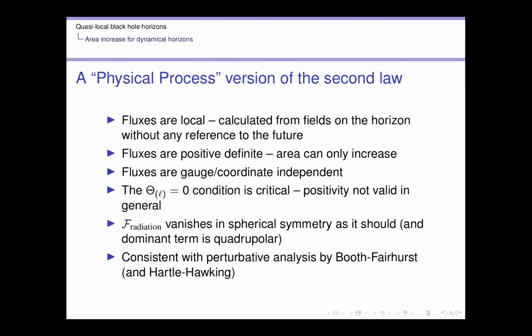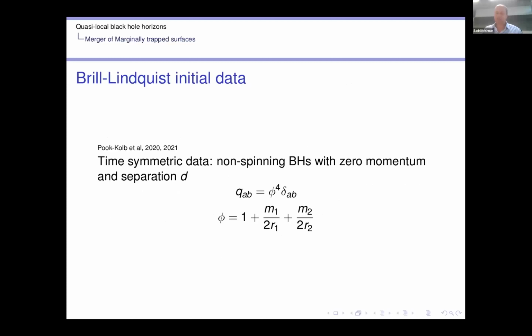Okay, very good. To conclude this lecture, let me present some numerical results on all of this so that you can visualize what is happening in the black hole merger, and then we can understand the status of the area increase law in that case. These are all results by Buchholz et al. from last year and the last 2 years.